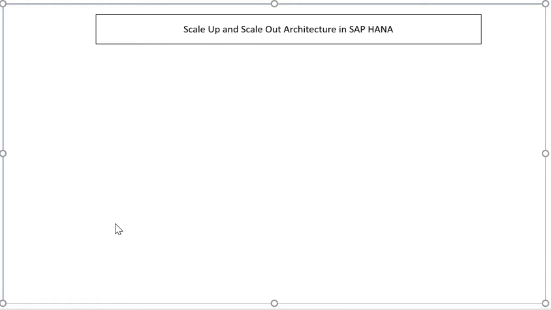So let me first begin with the scale up and scale out. If I talk about scale up, it means that suppose you are having a memory space of, say, 3 GB or 4 GB.